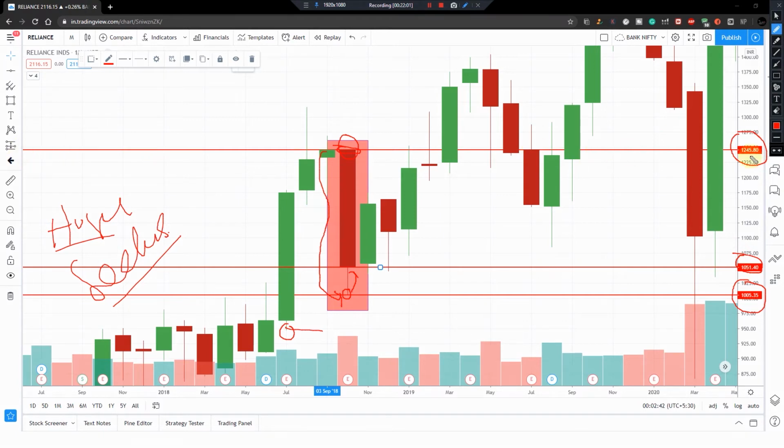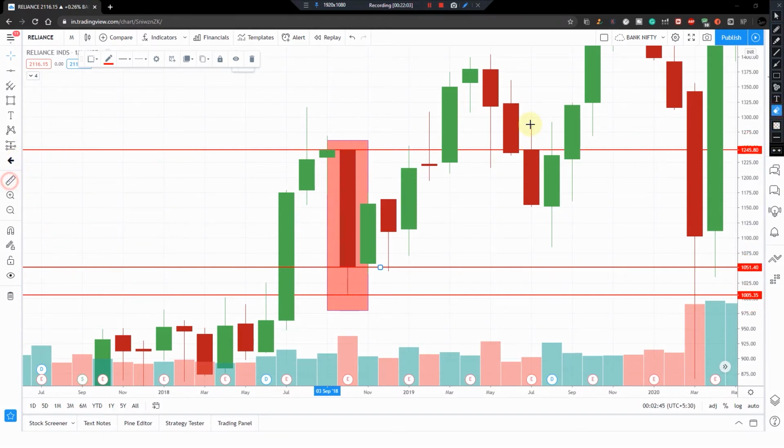So if you see the movement from this point to this point, it was around 237 points, then it came back and closed around 195 points below. So that was a decrease in the price of the stock, minus 200 rupees per share.